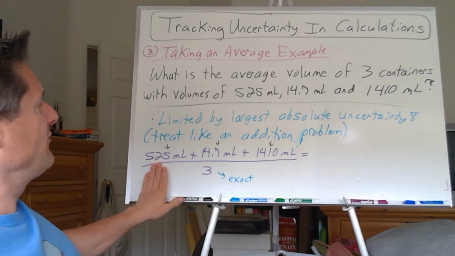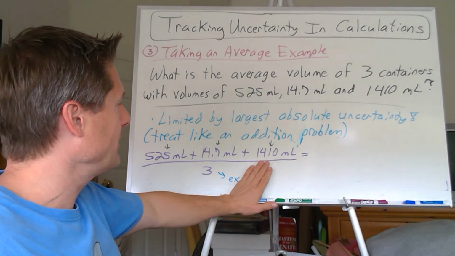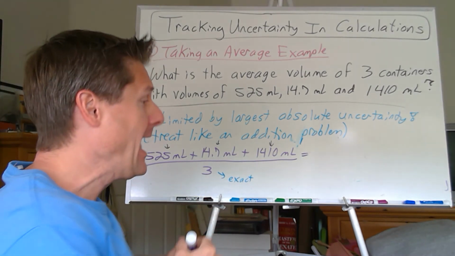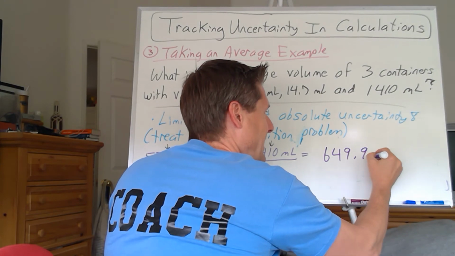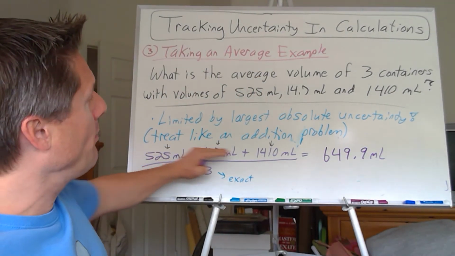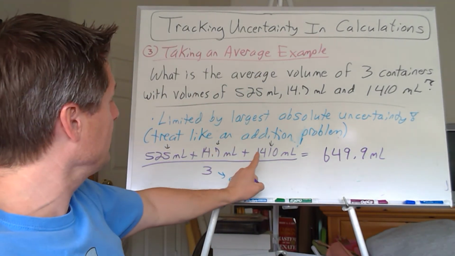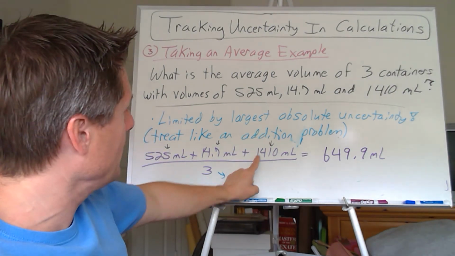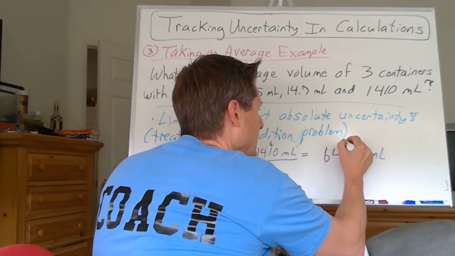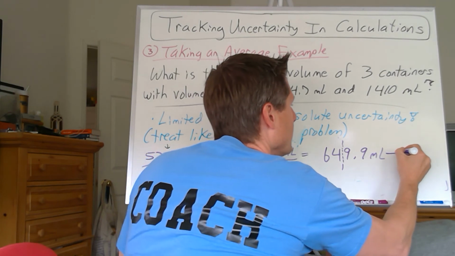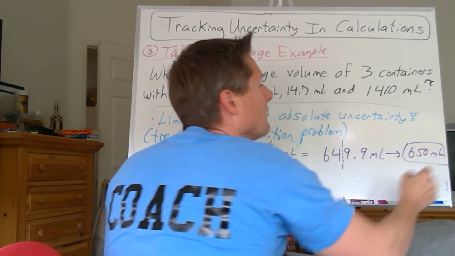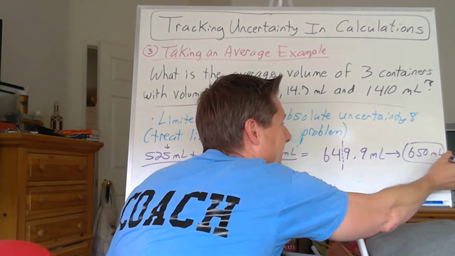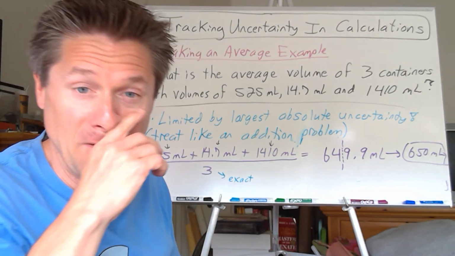Just take 525 plus 14.7 plus 1,410 divided by 3 and write the answer down: 649.9 milliliters. It's an average, so I'm limited by the largest absolute uncertainty. Good to the tens place. Pop it to the tens place, and so that rounds to 650. That will minimize some of the pain and anguish in your brain wanting to go one way or the other.